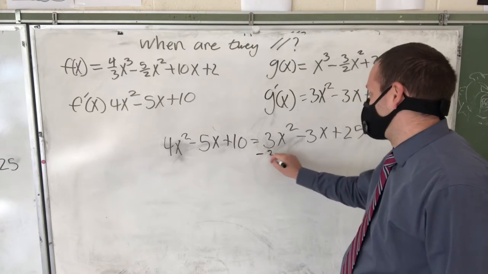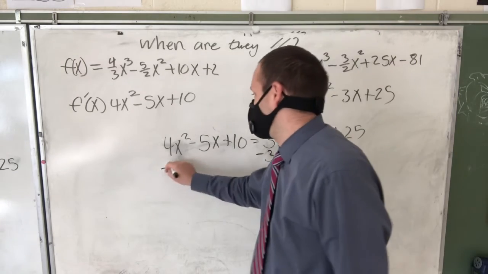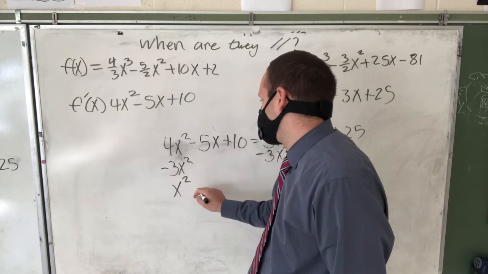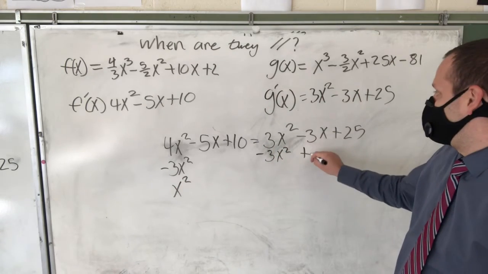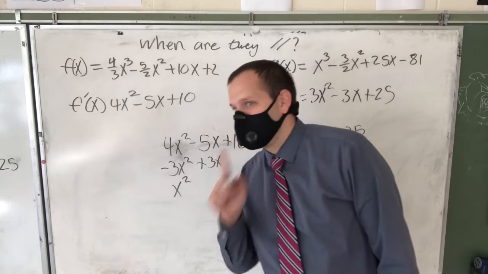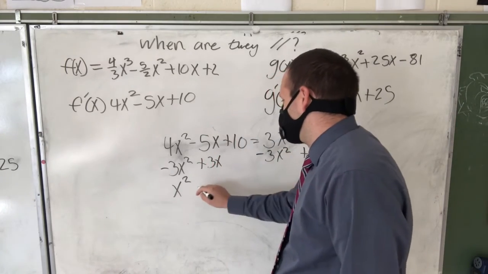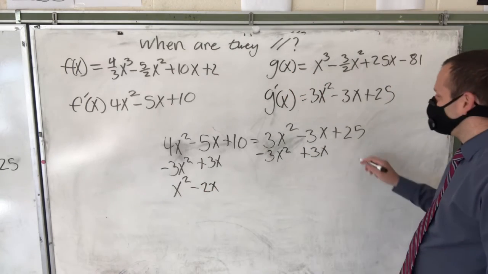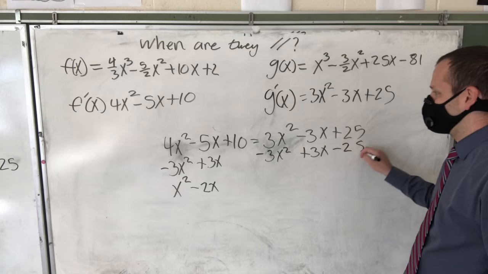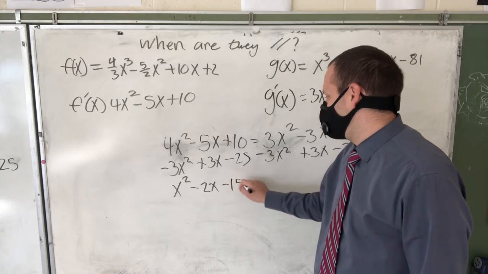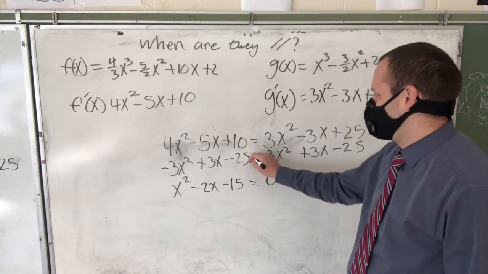I'm going to subtract 3x squared from both sides. That gives me x squared. I'm going to add 3x to both sides. That's going to give me minus 2x. I'm going to subtract 25 from both sides. That's going to give me negative 15 equals 0.